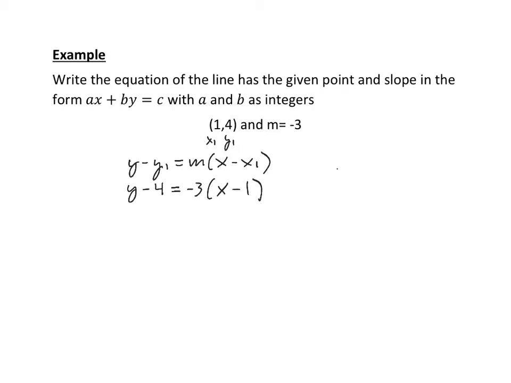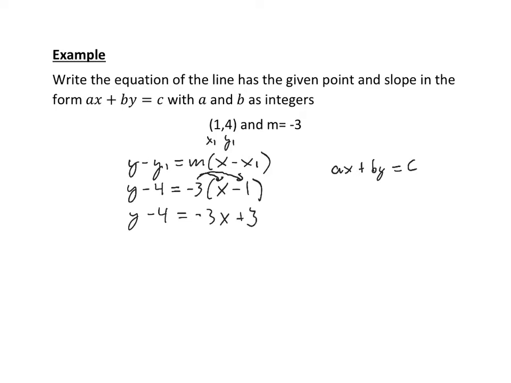We're trying to make this look like ax plus by equals c. Let's look at how we can do that. The first thing we want to do is get rid of these parentheses. So I'm going to distribute in this negative 3. y minus 4 equals negative 3x plus 3.